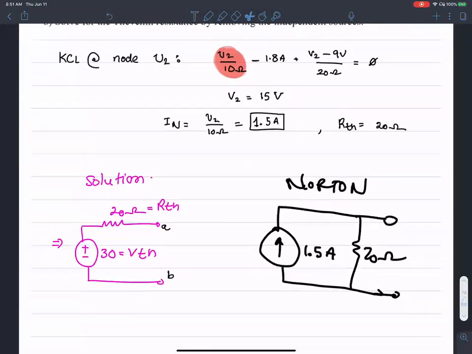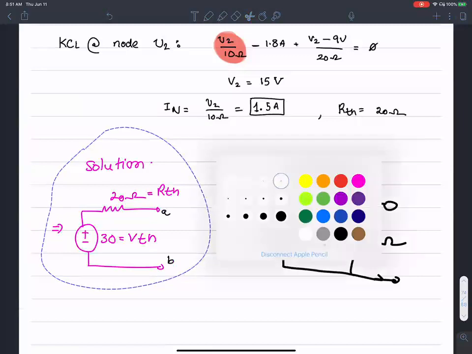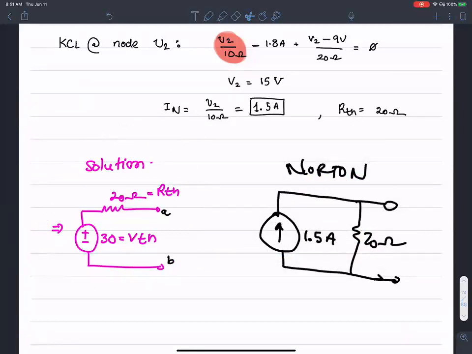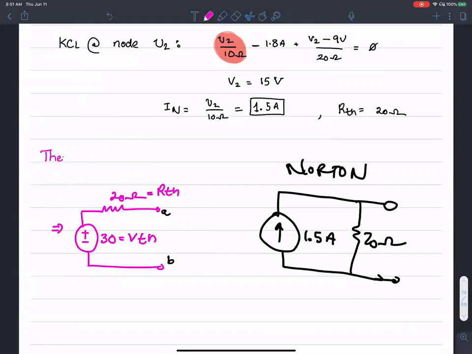I want you to take a closer look at both of these and see if you can make an observation. One is the Thevenin equivalent for the circuit, and the other is the Norton equivalent for the exact same circuit.